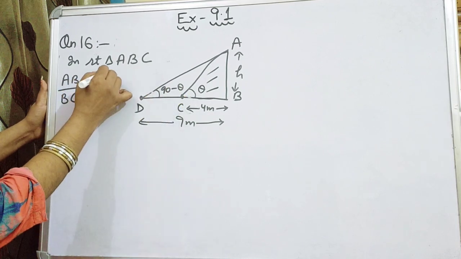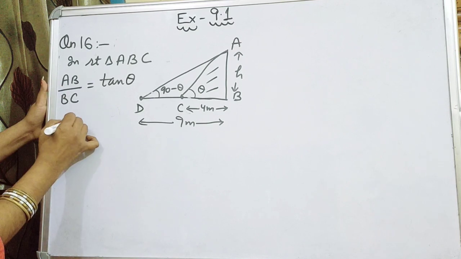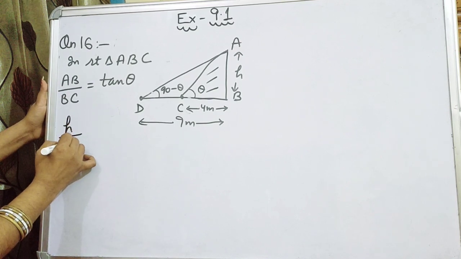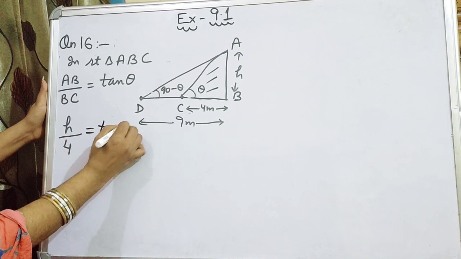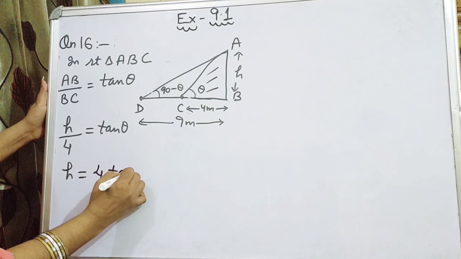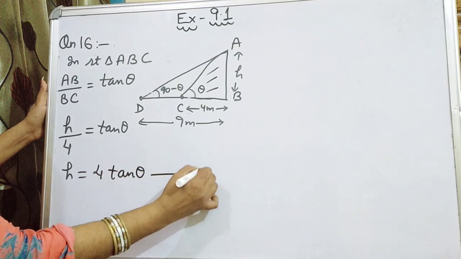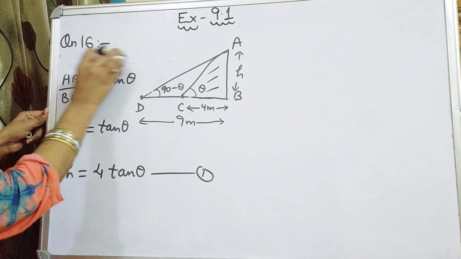So perpendicular by base is tan theta, right? And AB we have supposed as h, and BC is 4, so h by 4 is equal to tan theta. Or we can say that h is equal to 4 tan theta, and this is equation number 1. So we get a result from the first right triangle.